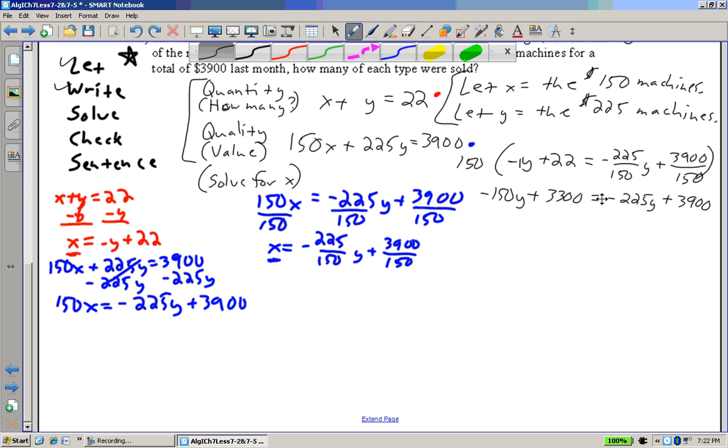Okay, so first distribute. Nope. Then combine all of your like terms. Well, we can't do that because we don't have all the variables on the same side. Then get all your variables onto the same side, so we're going to add the opposite.